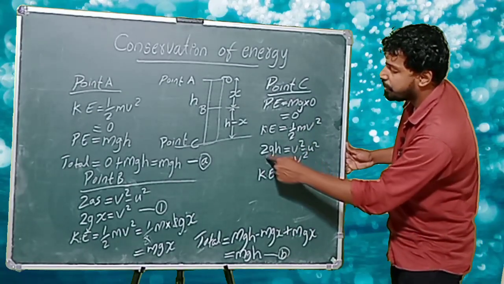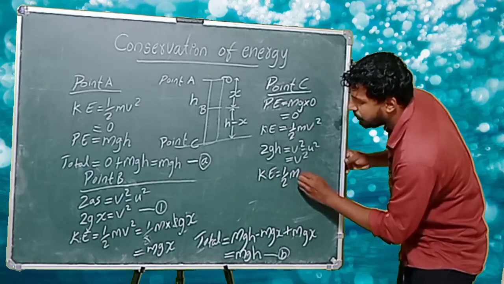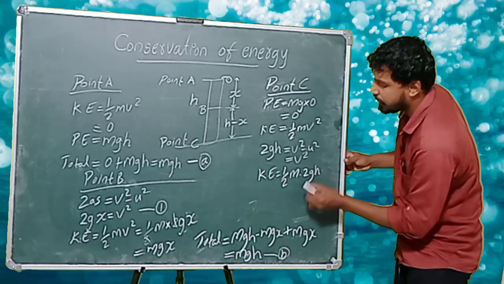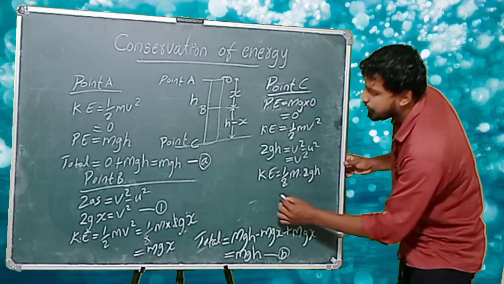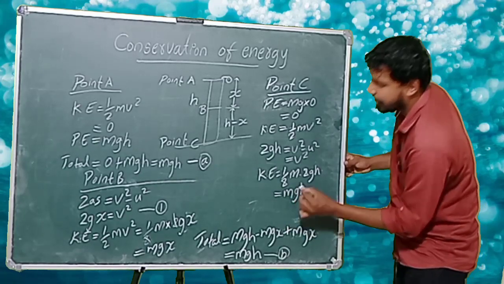Here v square is 2gh. So half m into 2gh. 2 by 2 is 1. So kinetic energy is mgh.